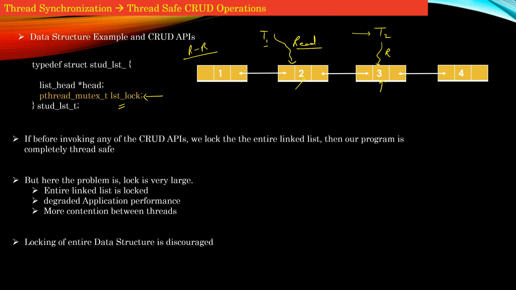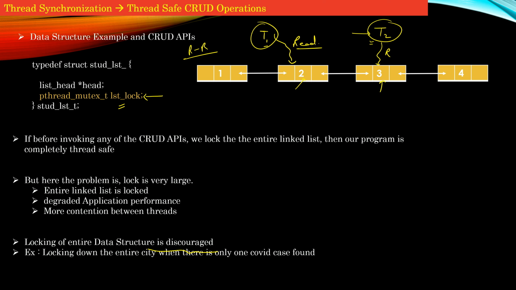So here, locking the entire data structure is heavily discouraged. If you lock the entire data structure unnecessarily, one of the threads would be blocked while the other thread is enjoying access to the data structure. It is analogous to locking down the entire city when there is only one COVID case in the city.